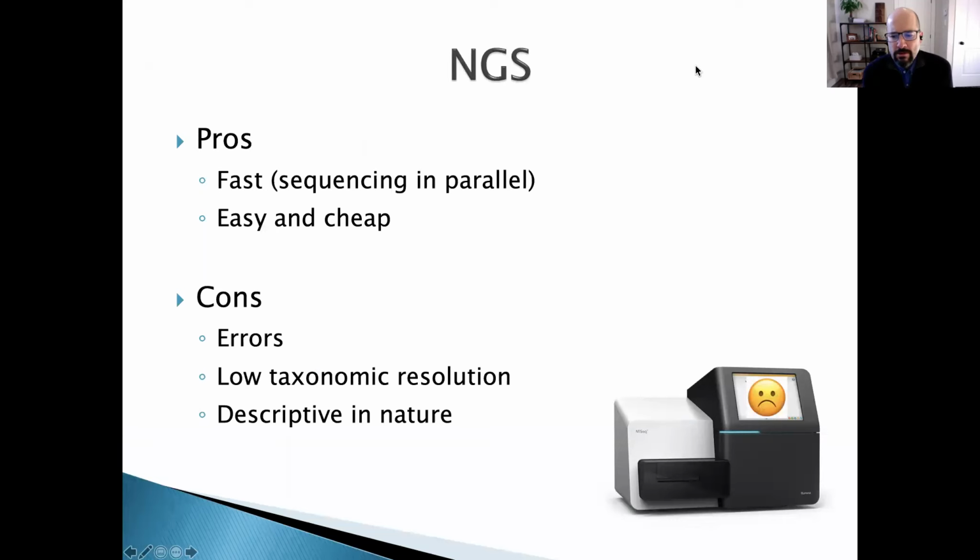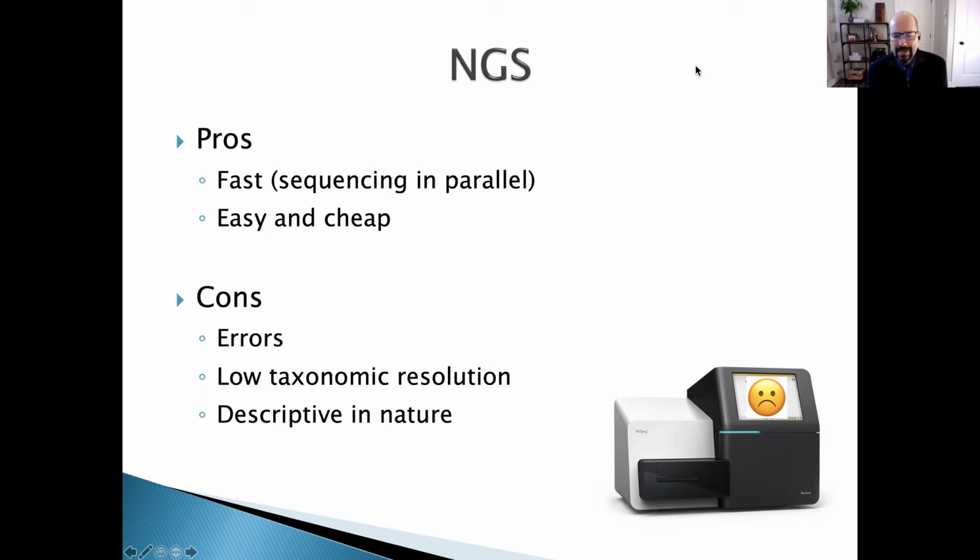All right, so the next generation sequencing, as you know, is really good. It's considered a revolution in science because it does the analysis of the DNA strands in parallel.